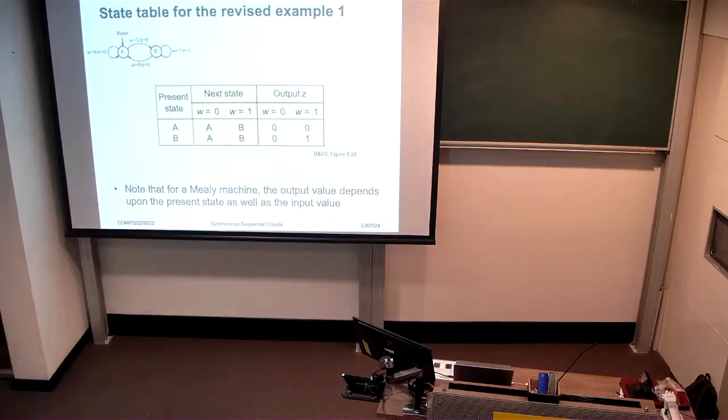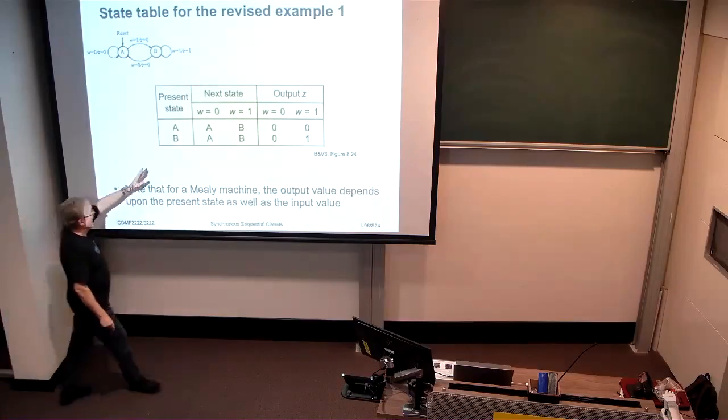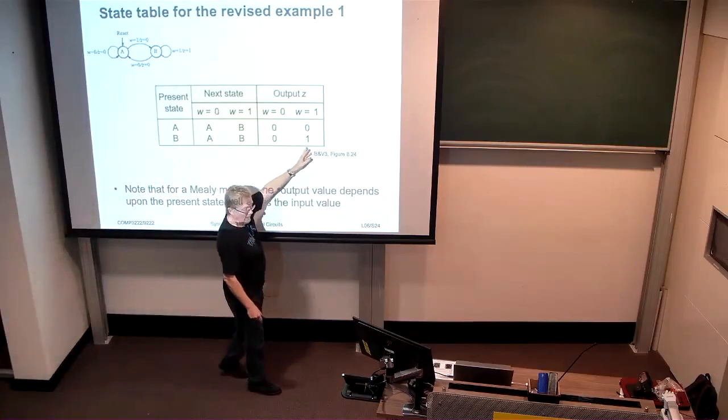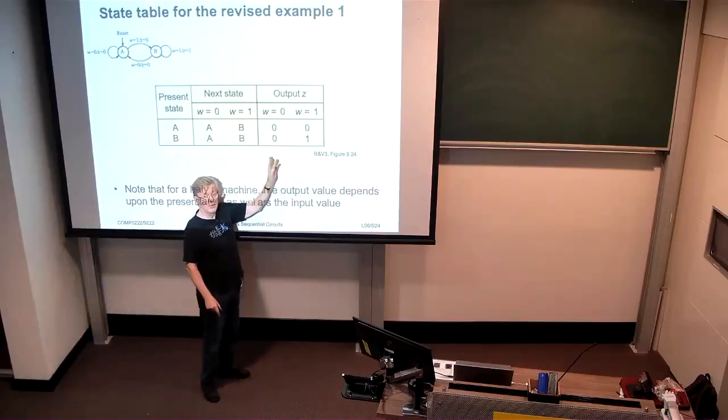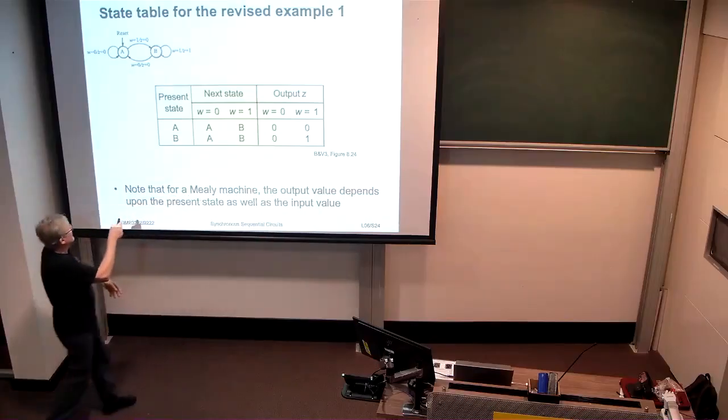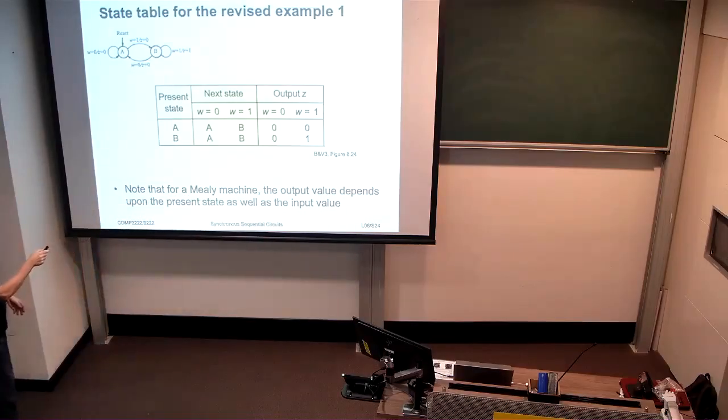Here's our state table that follows, but hang on. We now have to distinguish between what input we're using to determine what output, because here in state B, we output a 1 if we get our input of 1, and we output a 0 if our input is a 0, right?